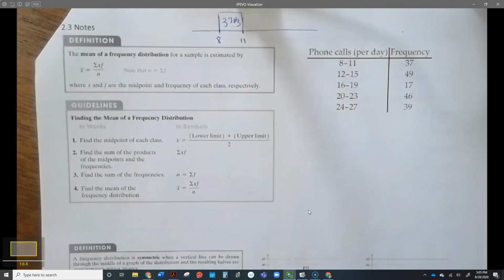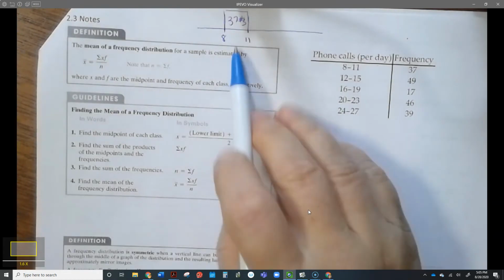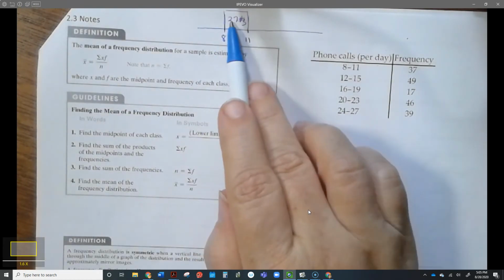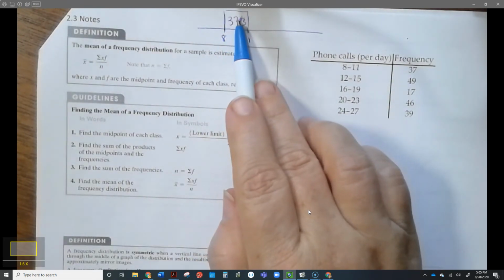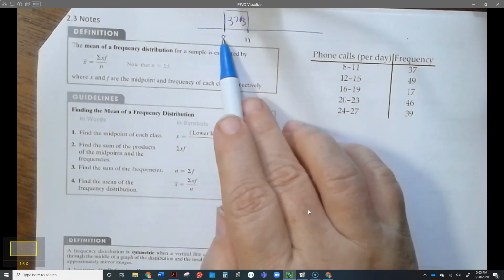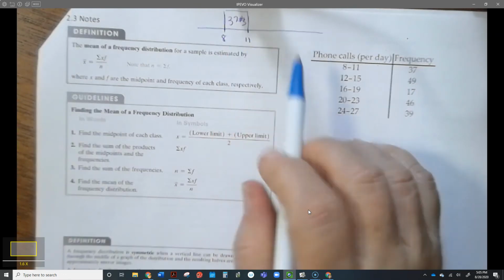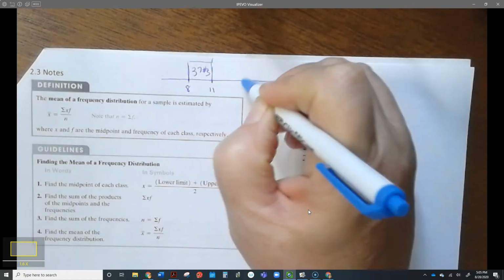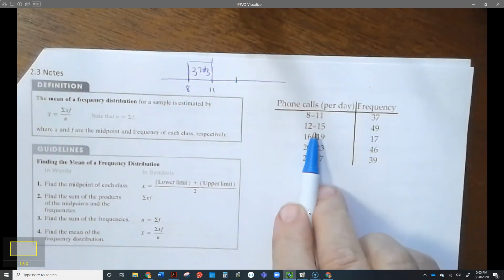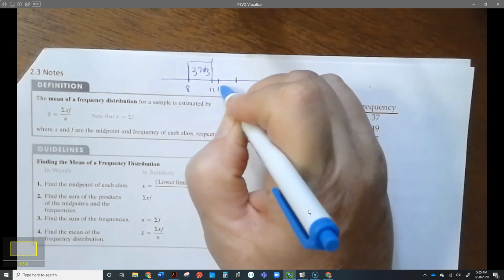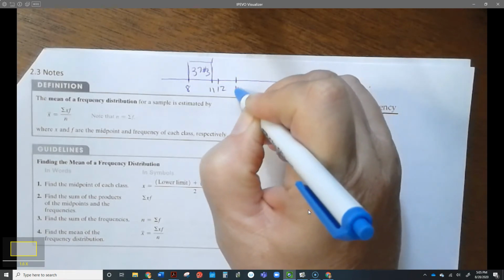I'm trying to count to 37. I can't do it in my head. But anyway, are you following me? I don't know what those 37 numbers are, other than the fact that they're either an 8, 9, 10, or 11. And the same thing is true for this next bin that goes from 12 to 15.